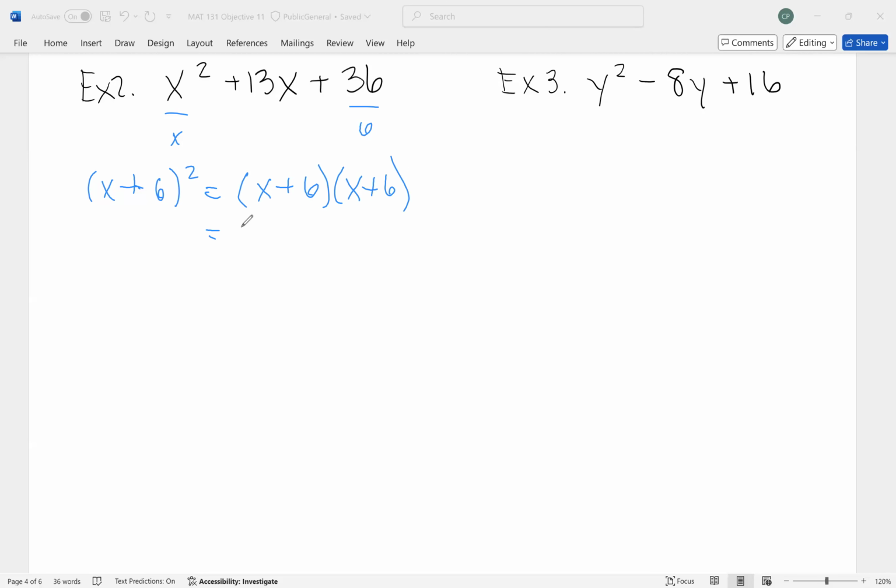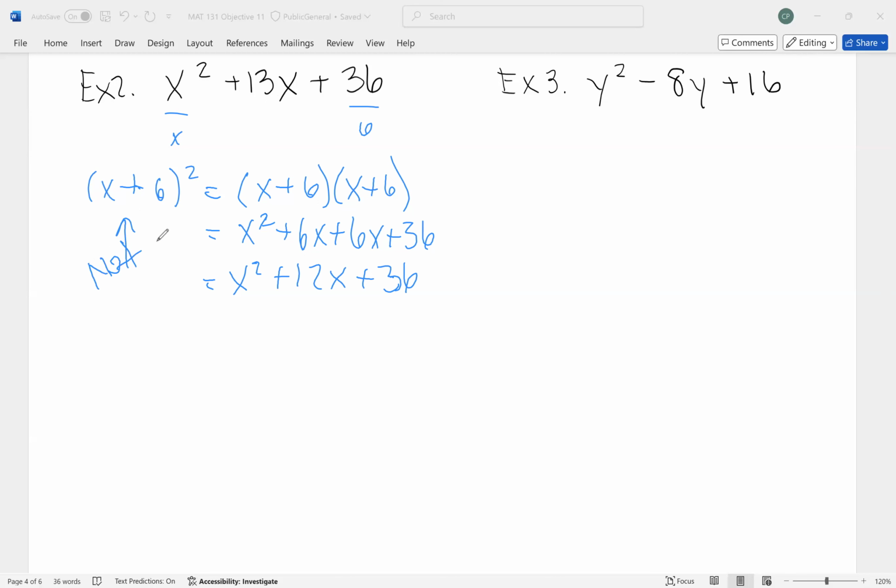And we multiply this through, we'll get x squared plus 6x plus 6x plus 36. And that middle term will be 12x, okay? Which is not what we want. We want the middle term to be 13x, okay? So that means that this right here is not it.